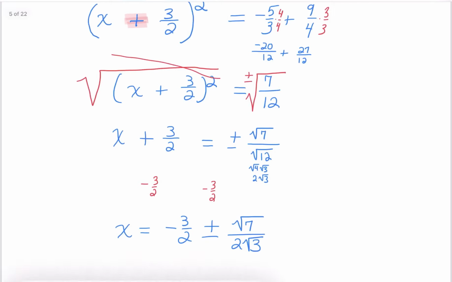But I am going to want to rationalize the denominator for the final form of my answer. So just on this second term, I'm going to multiply by square root of 3 over itself.